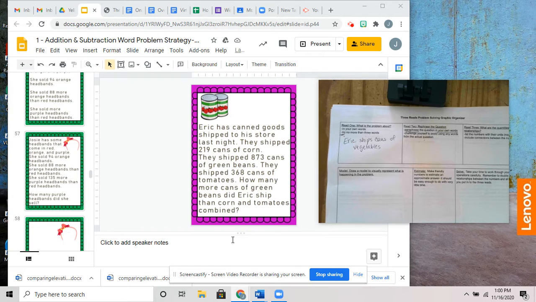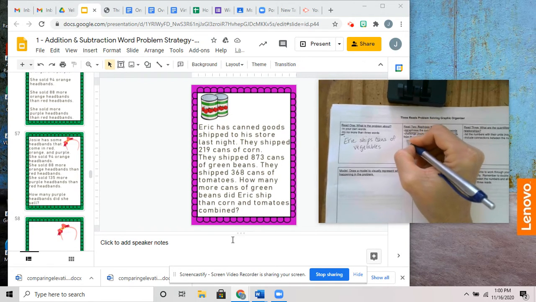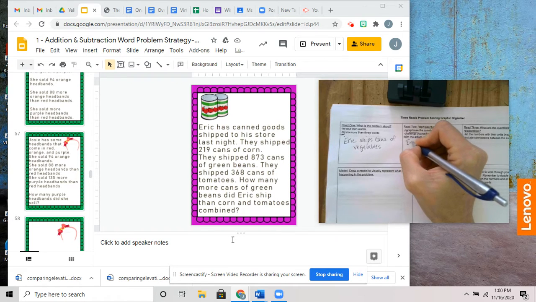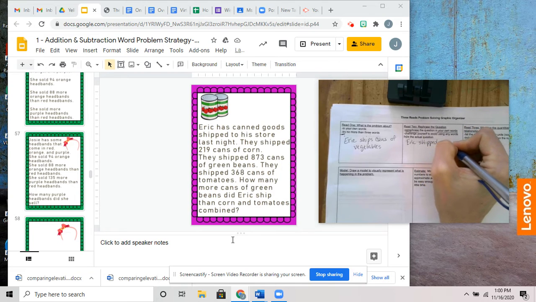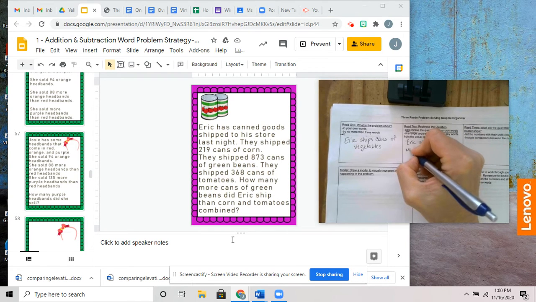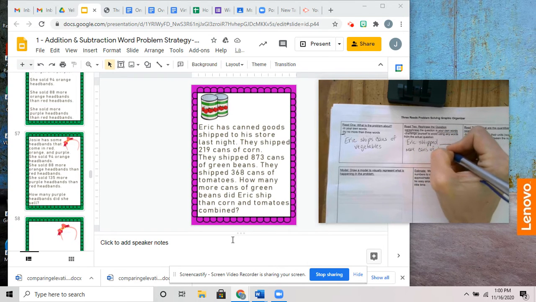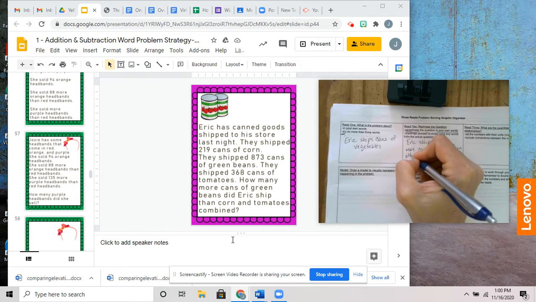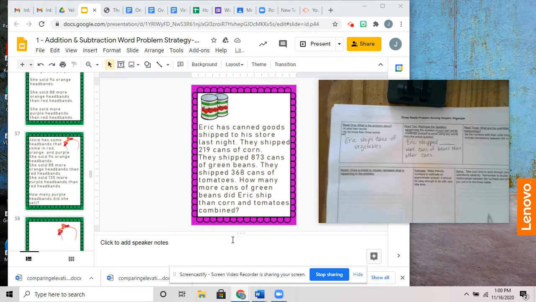Okay, so to help me with this one, I'm going to do a fill in the blank sentence. Eric shipped blank more cans of beans than other cans. So I left out tomatoes and corn, but that's the other cans here. So I'm just thinking through the problem, making sense of it.